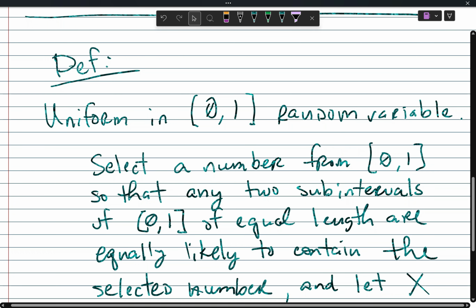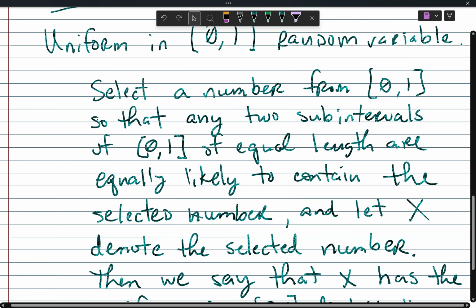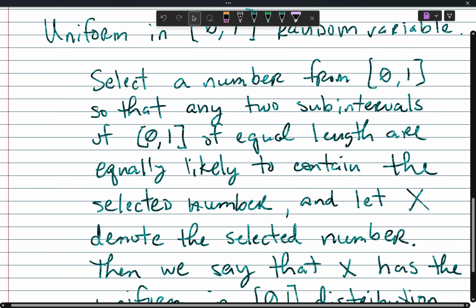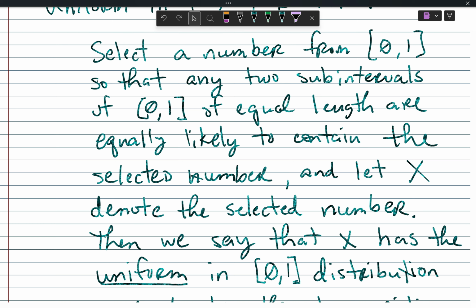Let's take a look at the definition of the uniform in the interval 0 to 1 random variable. We select a number from 0 to 1 so that any two subintervals of the interval 0 to 1 of equal length are equally likely to contain the selected number, and let the continuous random variable X denote the selected number.